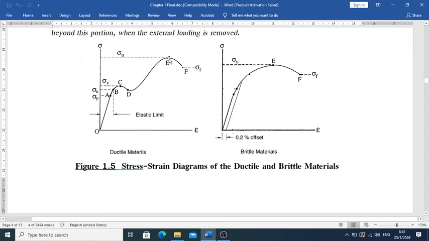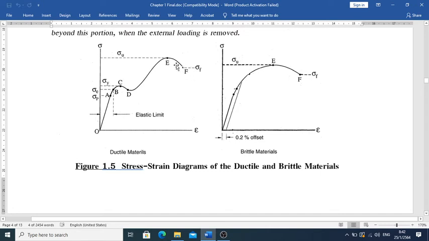You may see a lot of elongation, so the cross section is going to be thinner and thinner. It reduces a lot of the cross-sectional area. So we have a sigma u there, and we still make the experiment more and more until we reach point F there. Then everything is going to break, which is the failure.